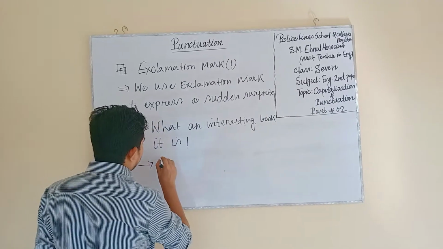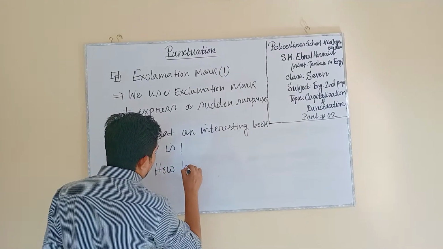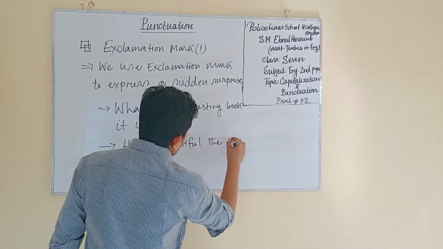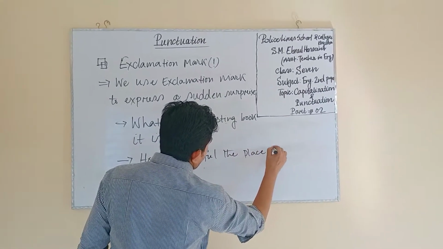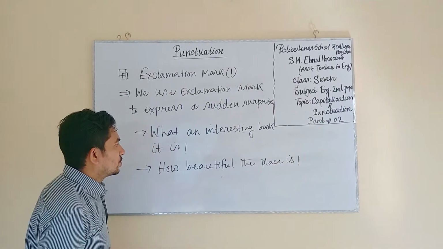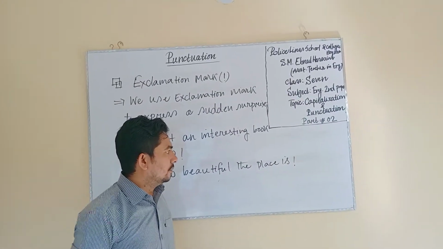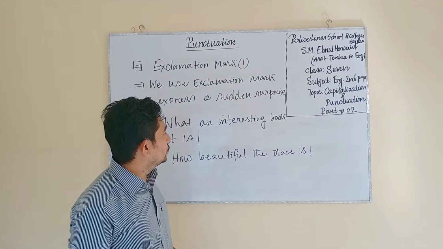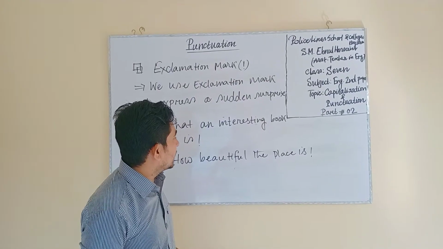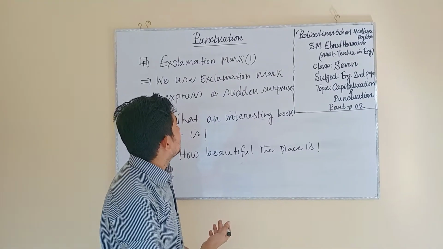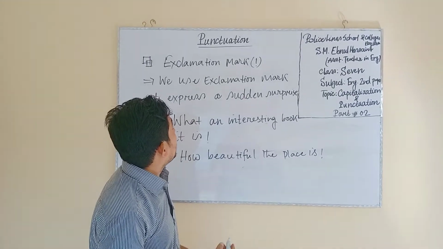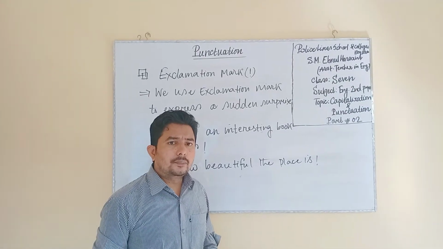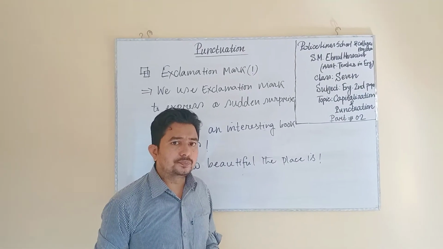Another example: how beautiful the place is! This sentence also expresses the meaning of surprise, and that's why we use the exclamation mark at the end of these sentences. So the exclamation mark is also known as the note of exclamation.